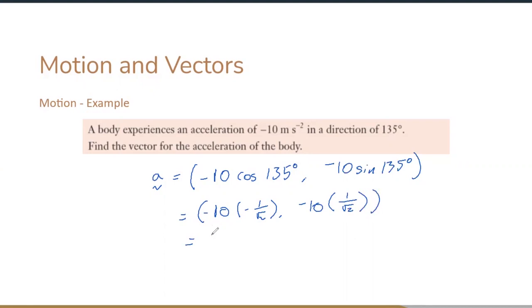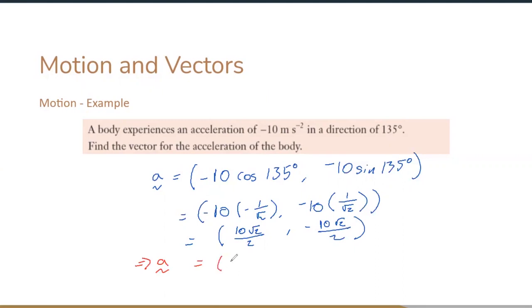Then this becomes, in brackets, 10√2 all over 2, if we're rationalizing the denominator, and this becomes -10√2 all over 2.